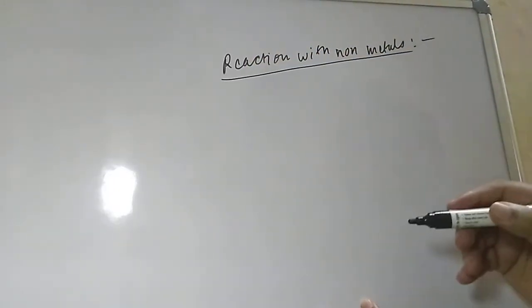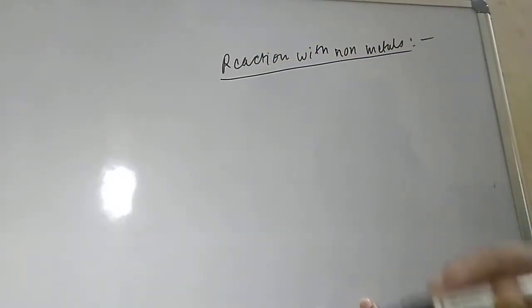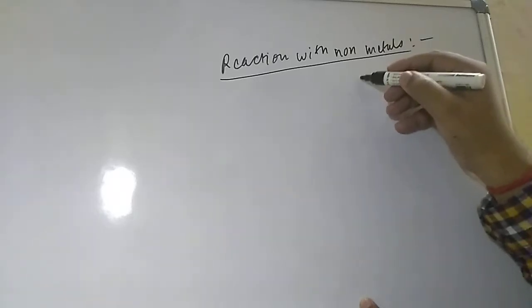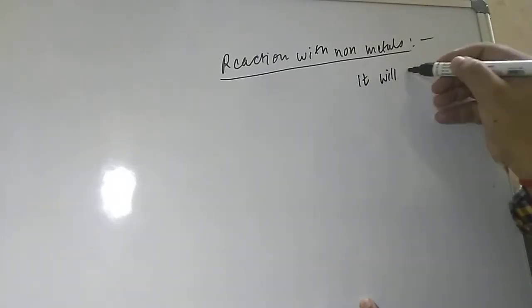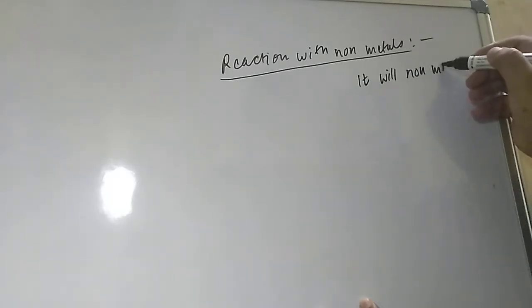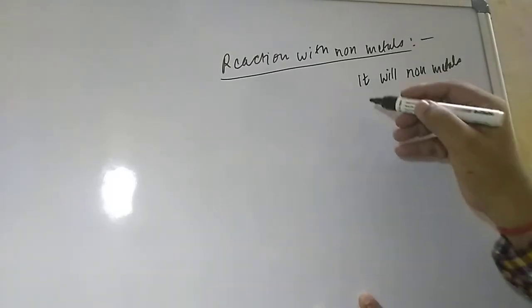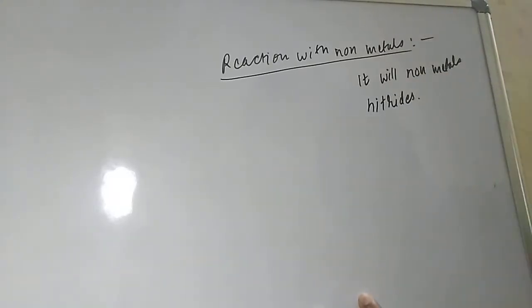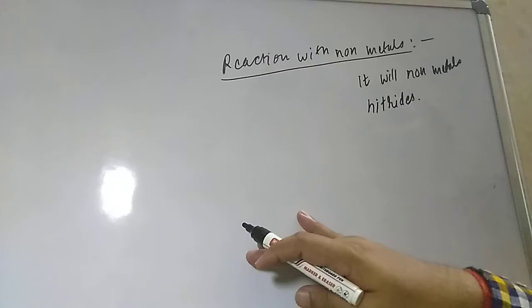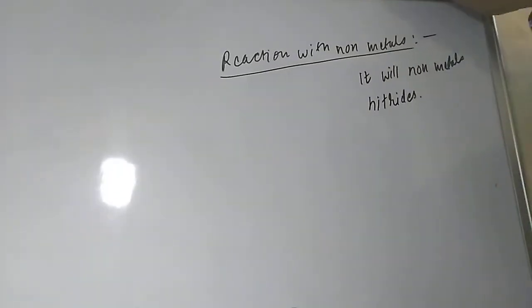What will happen if it reacts with a non-metal? It will give non-metal nitrides. So these are the compounds formed when dinitrogen reacts with non-metals: non-metal nitrides.